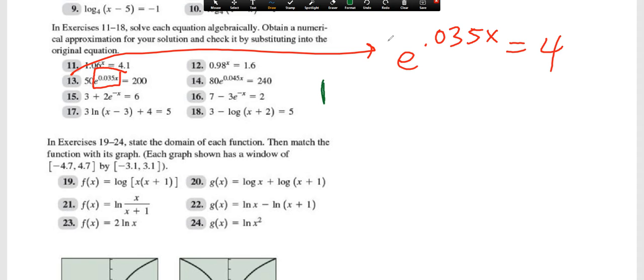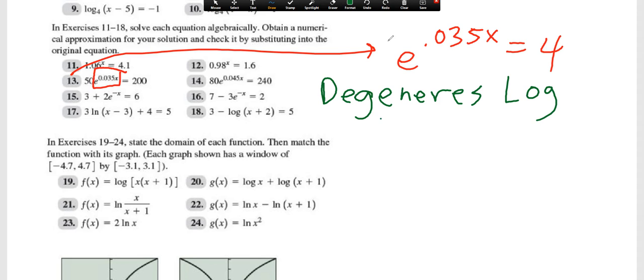And now, folks, we need what I refer to as the degenerate log. Do you know the degenerate log? ln. Yes, thank you very much.